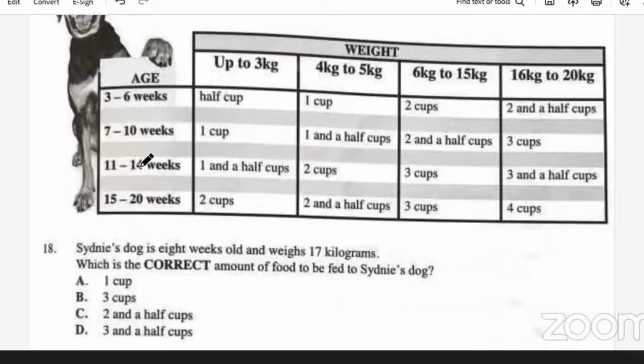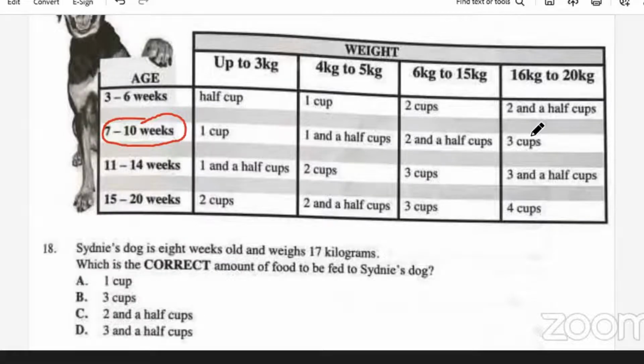So we have to find their age bracket, 8 weeks, so she would be here, or he would be here, whatever the dog's gender. And then we now look at how much the dog weighs, which would be 17. So we look at the correct age category over here.